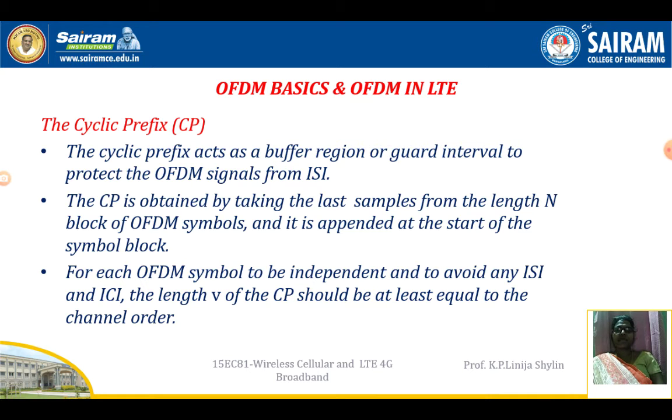The cyclic prefix is obtained by taking some of the last samples and appending them at the start of the symbol block, so each OFDM symbol is independent, avoiding ISI and ICI.